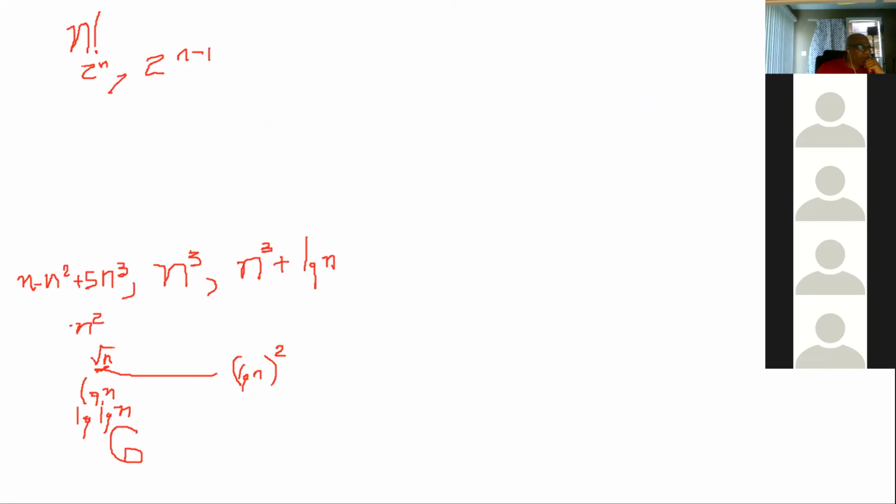All right, what else do we have? The next one is 3 over 2, which is equal to 1.5 raised to the n. And 1.5 raised to the n is smaller than 2 raised to the n.